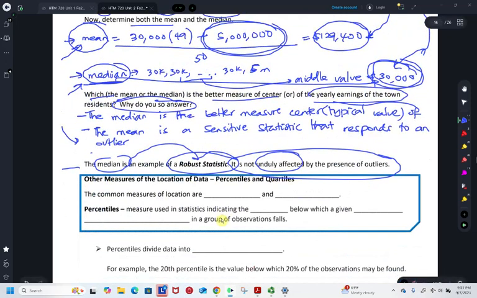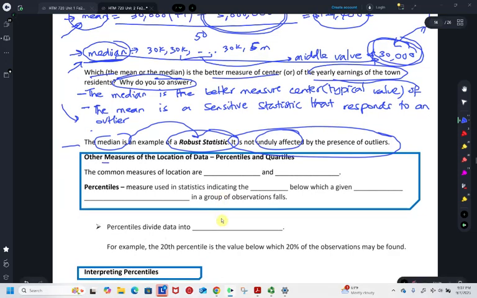Now, having talked about the measures of center for a numerical variable, we now want to talk about measures of location of data, and that is namely the percentiles and quartiles. You see, the most common measures of location are percentiles and quartiles.